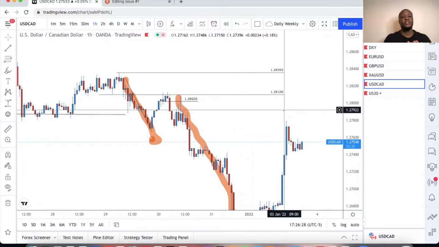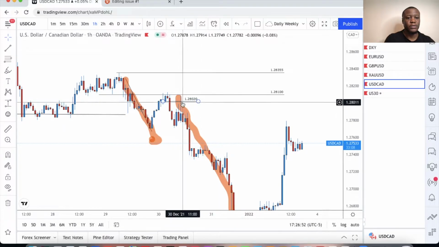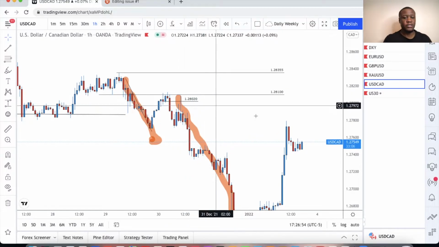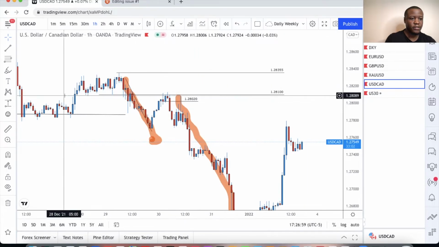So what you want to do in MetaTrader, once again, you want to click Market Execution. And then the next thing you want to do, you want to select Sell Stop. And then for your entry for the sell stop, you have 1.28020.